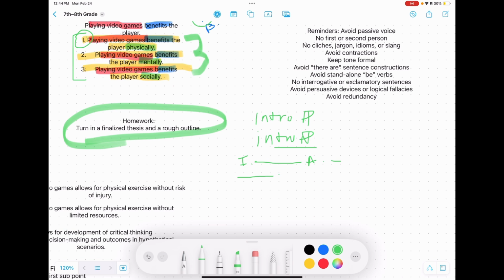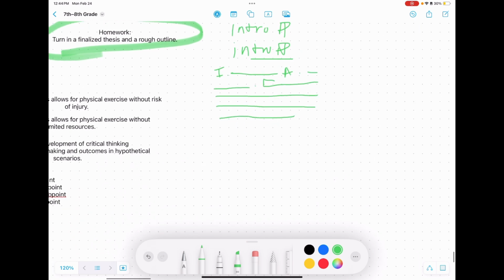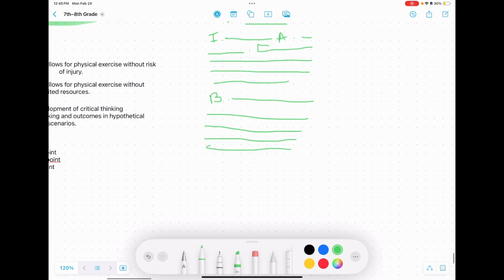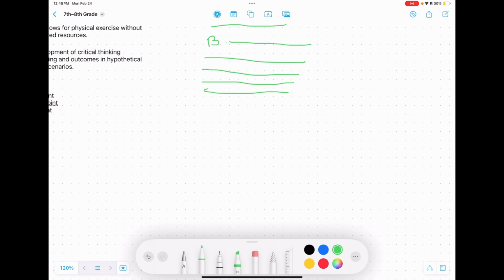And then the next sentence will be your quotations, your statistics, your paraphrases. And then you start a new paragraph, and this will be IB. And that will be the first sentence, the topic sentence of that paragraph. And you talk about the statistics, the quotations, the paraphrases that apply to IB.